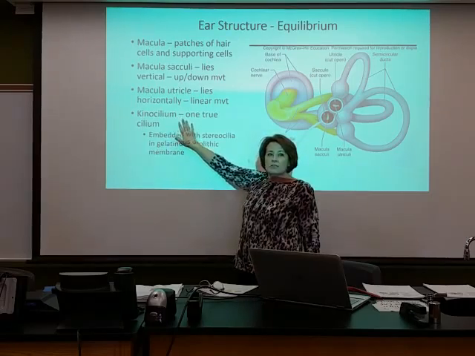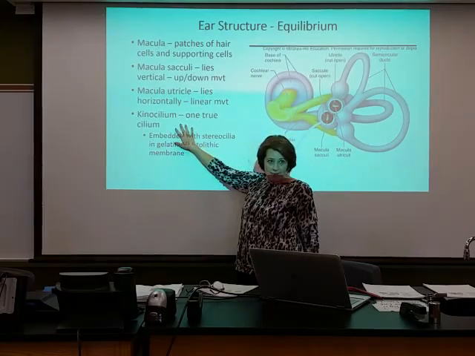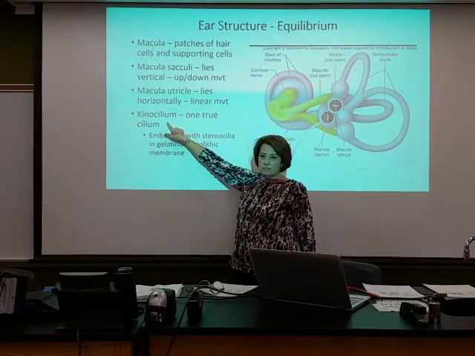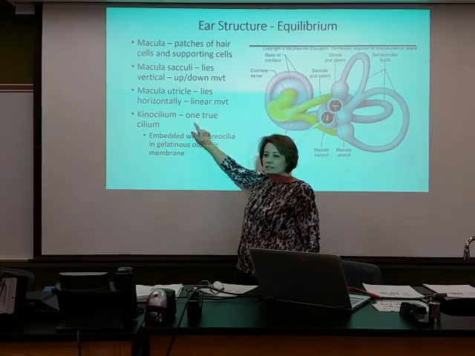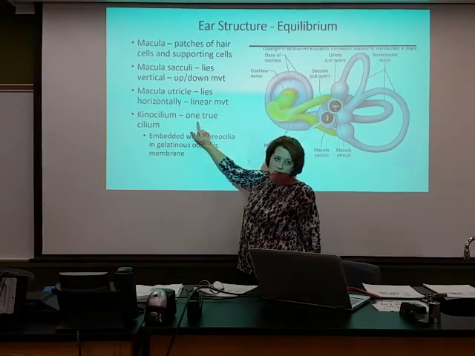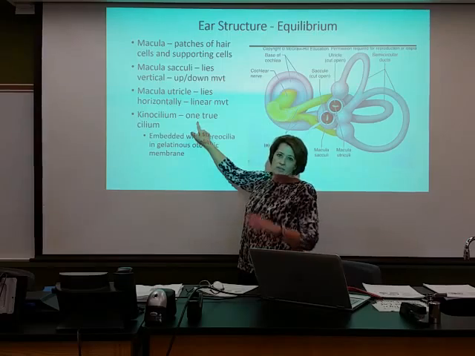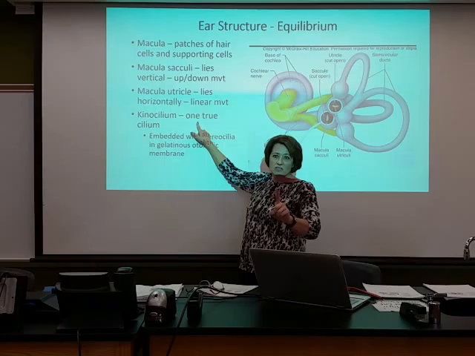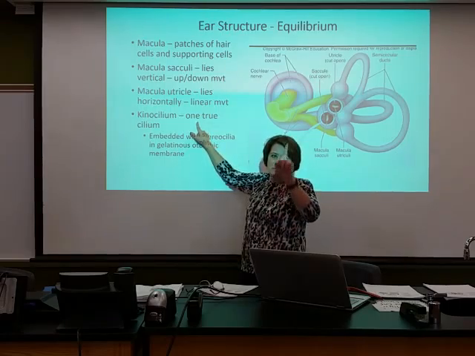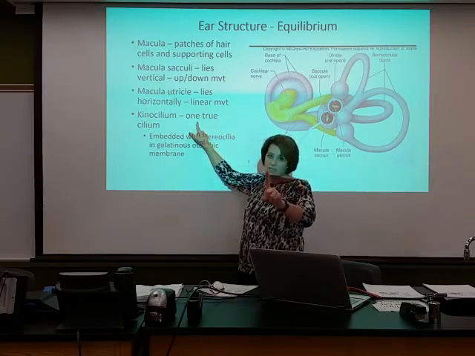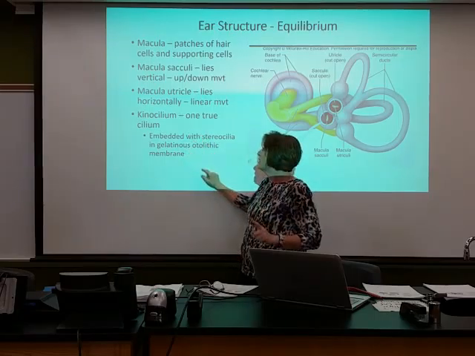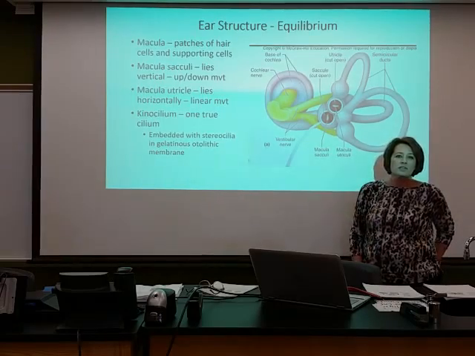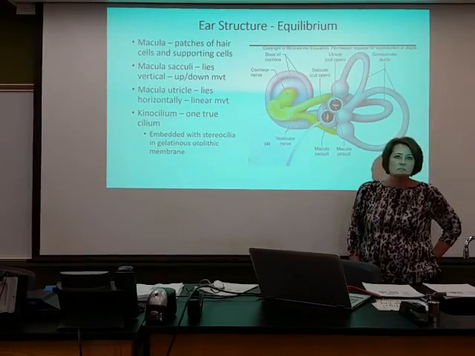Now, in those hairs that are present, they're going to have what's called a kinocilium. It's the only one true cilium that's there. The others, even though they're considered cilia, are not true. In the patches, there will be one true kinocilium, embedded, that can pick up the information and pass it along the vestibular nerve.